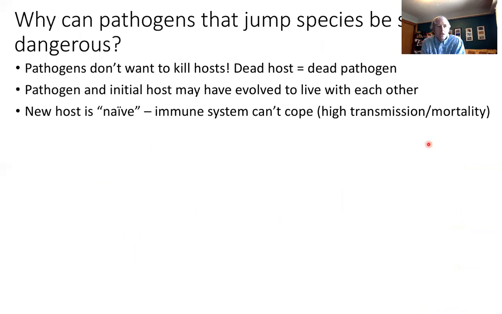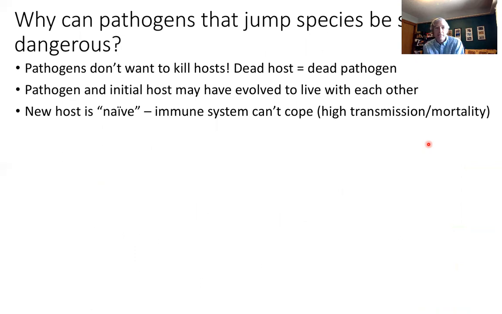So we now start to ask the question of, well, why can pathogens that jump species be so dangerous? The critical thing to remember here is that pathogens, the little microorganisms that cause the disease, do not want to kill their hosts. Because if they kill their host too quickly, they kill themselves at the same time.